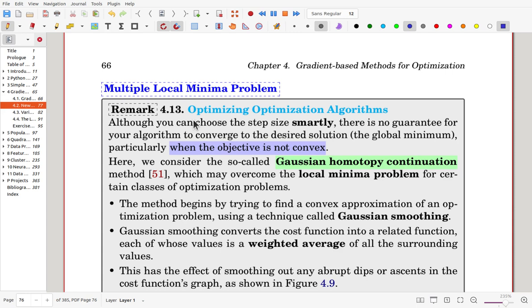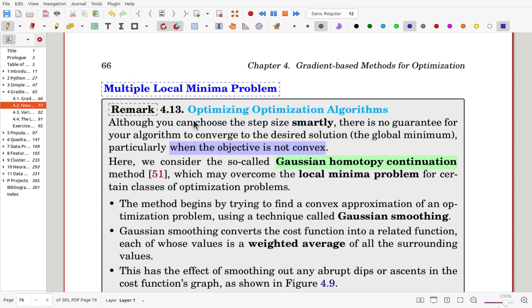It's very hard. Now, one more way to overcome the multiple local minima problem is related to the stochastic gradient descent method. When you are using only a part of the data, a small number of data points, or a small number of components from the objective function, then the objective function will become smoother, so that the multiple local minima problem will not be so severe, and you can overcome this issue.